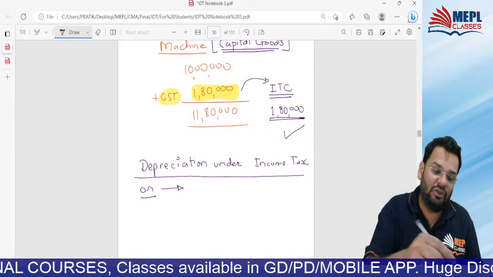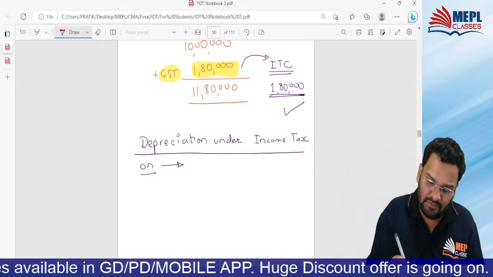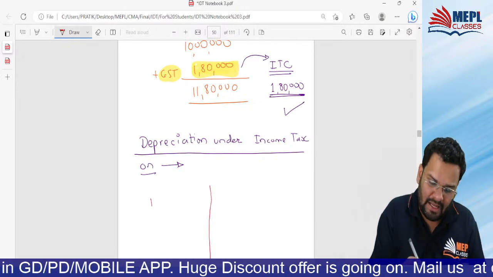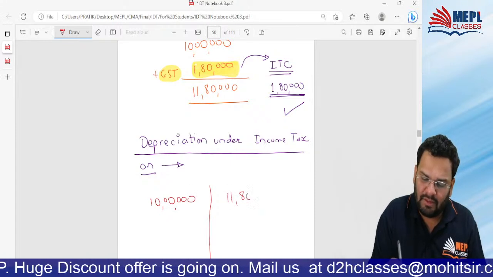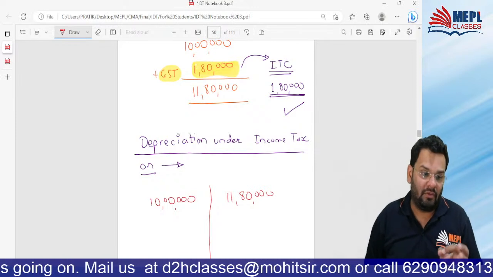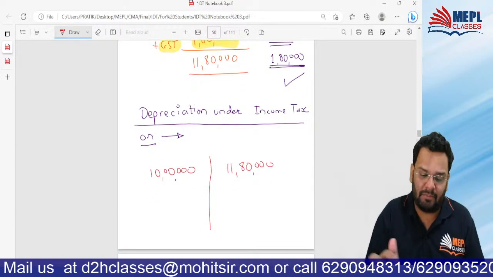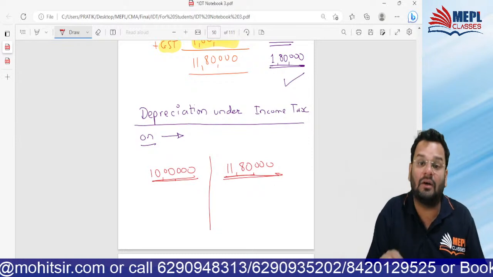My first option to you is 10 lakh, and my second option to you is 11,80,000. On what amount should we claim depreciation? 10 lakh or 11,80,000.